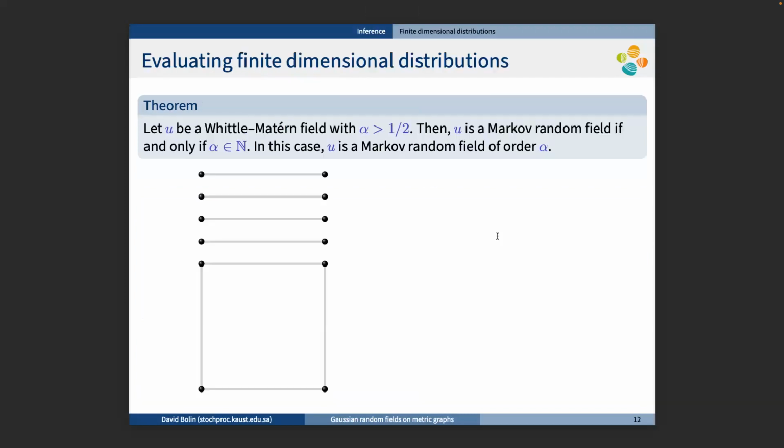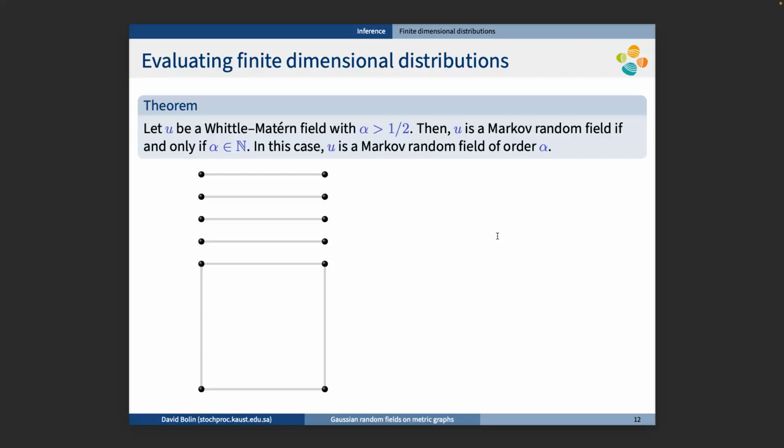Right, so this basically means that we have good control over both theoretical and statistical properties of these models. But so far, I have not said anything about how you can actually work with these for real data. So if you want to, for instance, do maximum likelihood estimation, one thing that you must be able to do is to compute the likelihood of the data under this model.